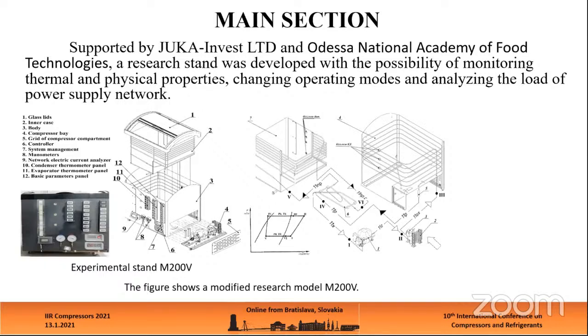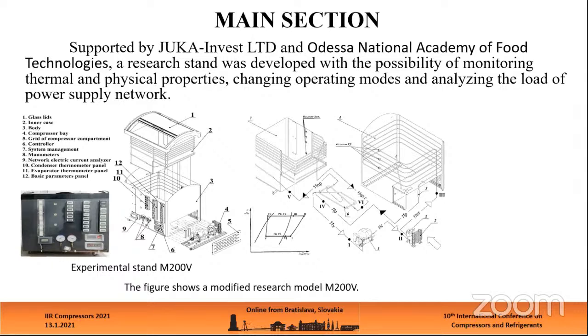Number 1 is glass leads, 2 inner case, 3 body, 4 compressor bay, 5 grid of compressor compartment, 6 controller, 7 system management, 8 manometers, 9 network electric current analyzer, 10 condenser thermometer panel, 11 evaporator thermometer panel, 12 basic parameters panel.